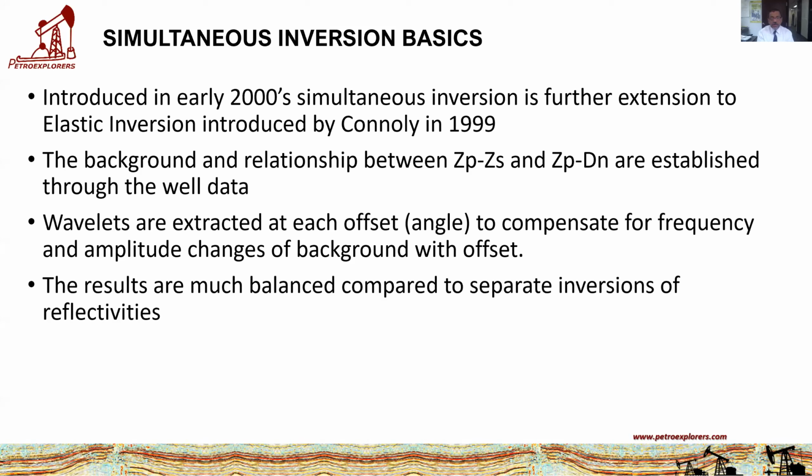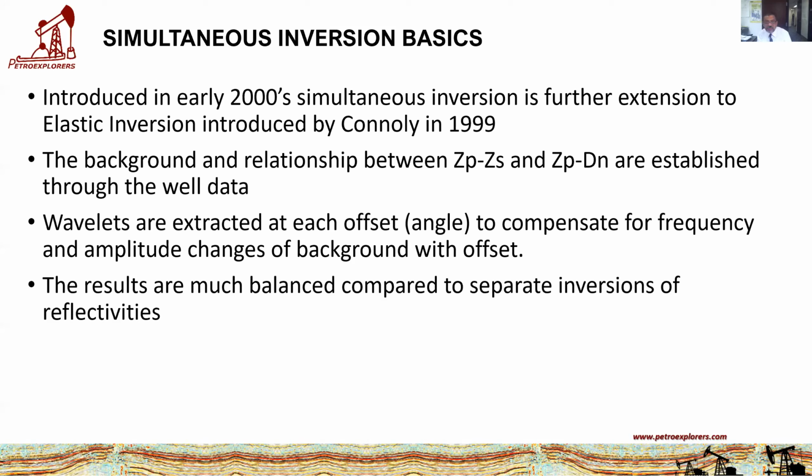So all of the amplitude variation is put in together, and then there is a ZP-ZS relation, which is a log-log relation between P and S impedance, and a log-log relation between P impedance and density. So if you take that relationship and simultaneously invert for P, S and density, their relationships will allow it to be more scalable. So it actually solved the scaling problem.